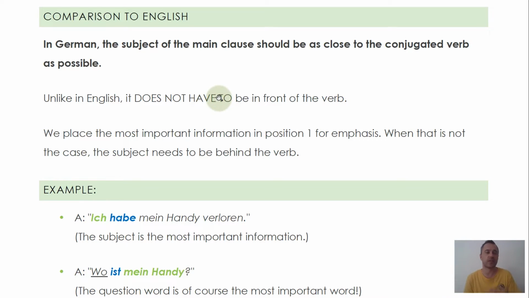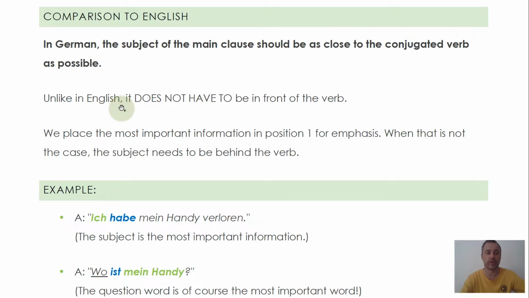If you're still not sure what's the difference between a main and a subordinate clause, I highly recommend my video about the differences of main and subordinate clauses, Hauptsätze, Nebensätze in German, that I'll link for you in the info cards there.